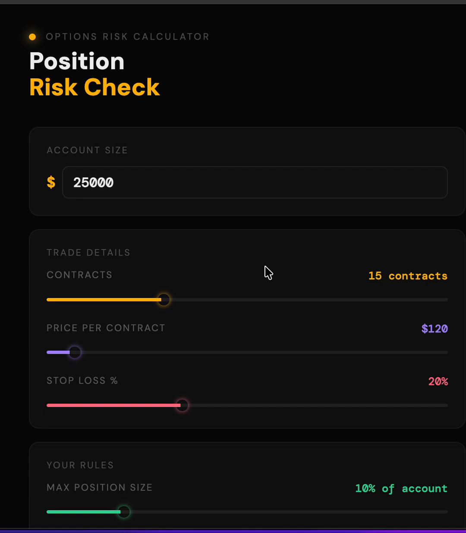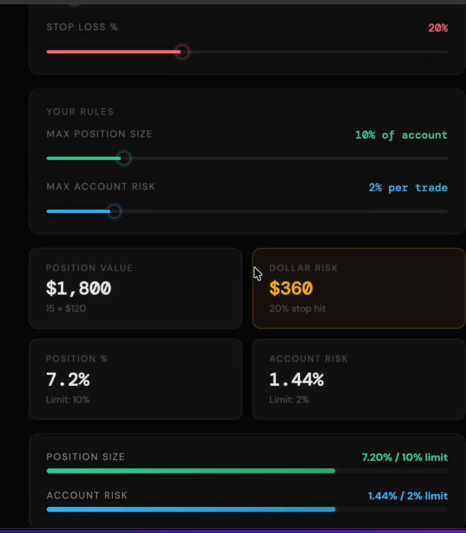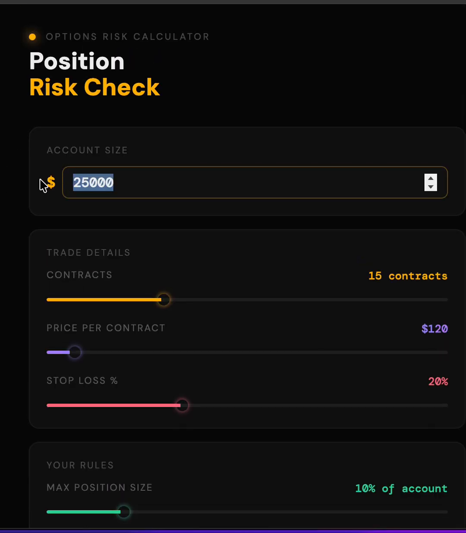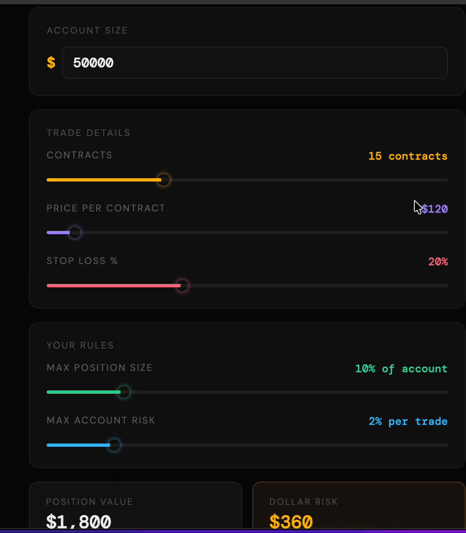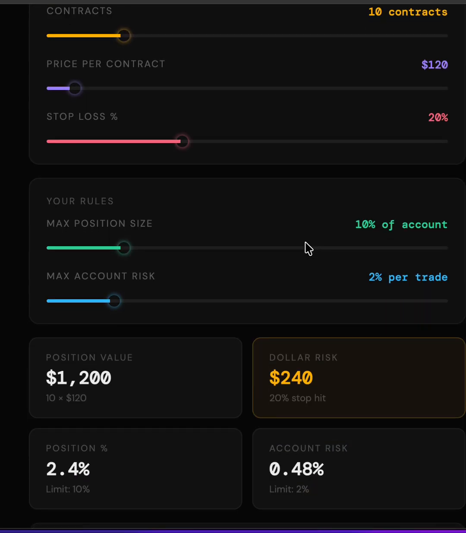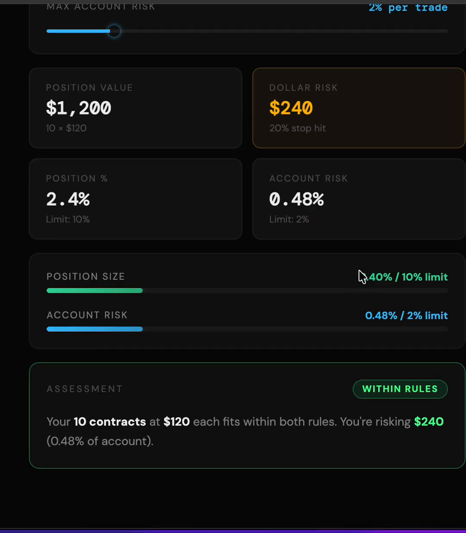Because as long as I'm managing my risk well and improving my trading, then, say if you have $50,000, you're training yourself, using your same strategy and getting better and better, you can take these same setups. You can take fewer contracts with a bigger account. You're risking $250 and you're risking only 0.48% of your account.